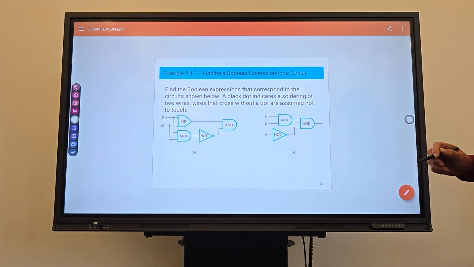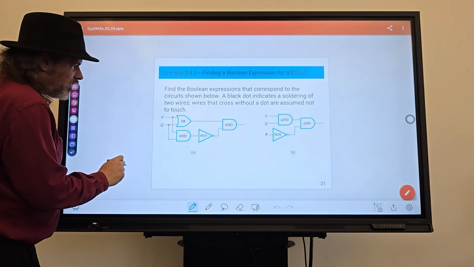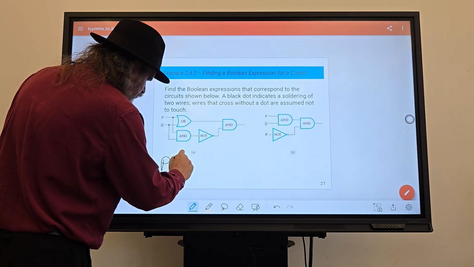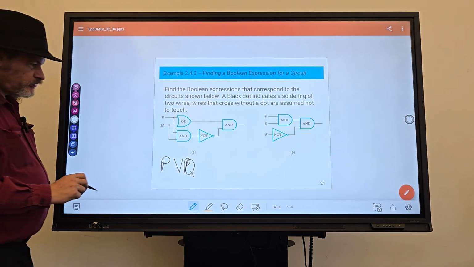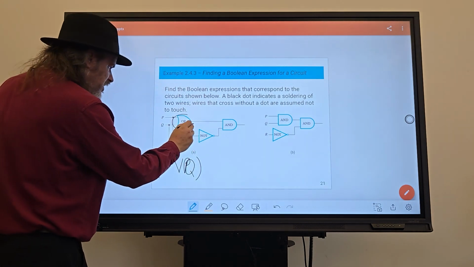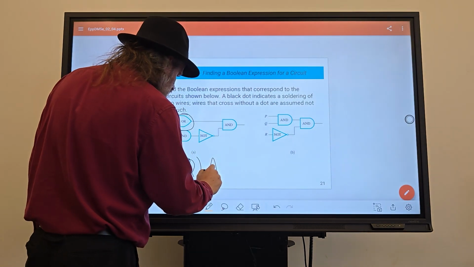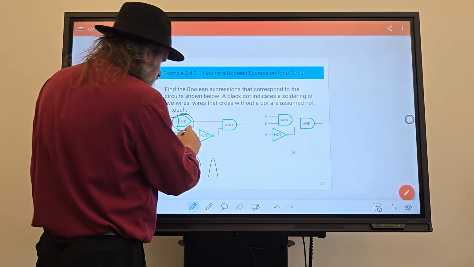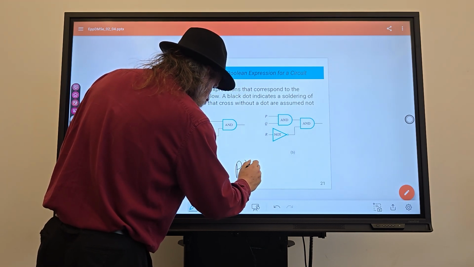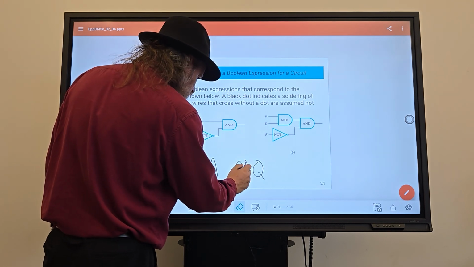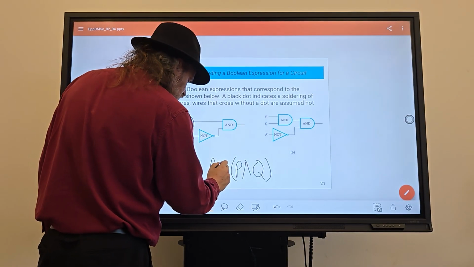So, Boolean expression. You have P or Q, sorry, my mistake, and that quantity is ANDed with the AND of P and Q, and that P and Q is inverted.